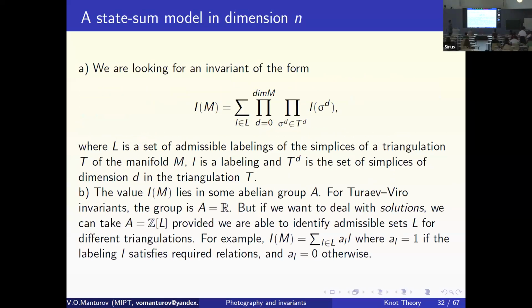So for 4-manifolds, we had something like a state sum formula. So what is the state sum formula for, say, Turaev-Viro invariants for 3-manifolds? We took a certain palette of colors and we color 2-faces of a spine, of a special spine.